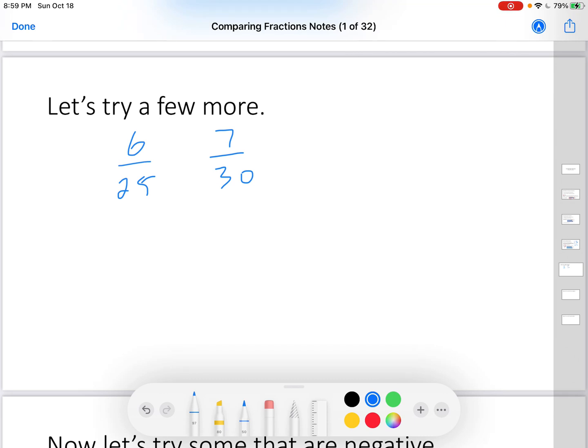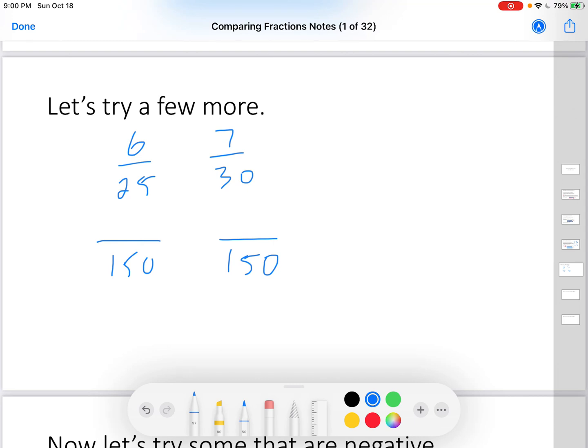I take the bigger number, 30, and multiply it by 1. 30 times 1 is 30. 25 doesn't work for 30. 30 times 2 is 60. 25 doesn't work with 60. 30 times 3 is 90. 25 doesn't work with 90. 30 times 4 is 120. 25 doesn't work with 120. 30 times 5 is 150. 25 does work with 150, so I will use 150 as my least common multiple, my common denominator.